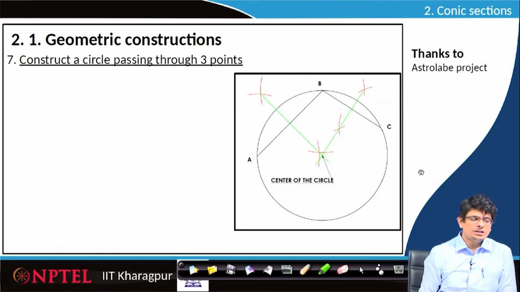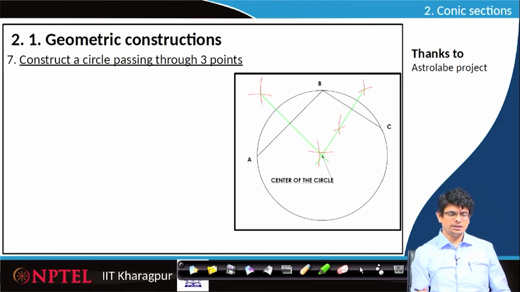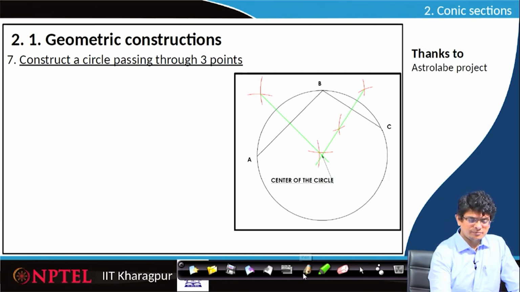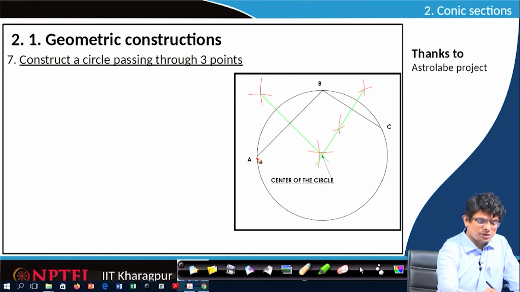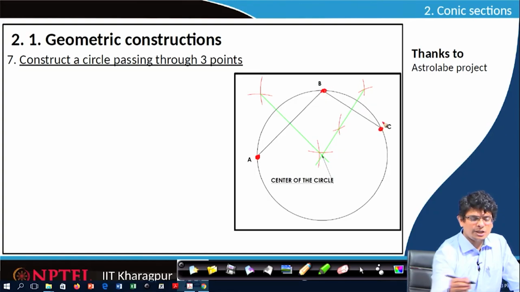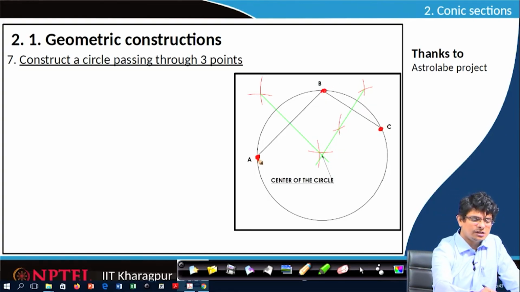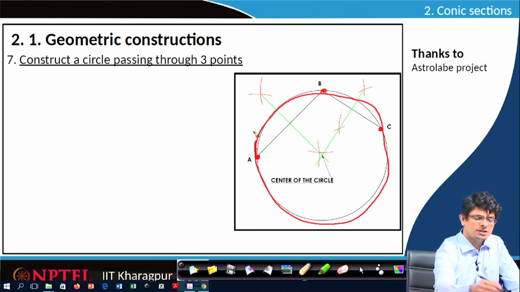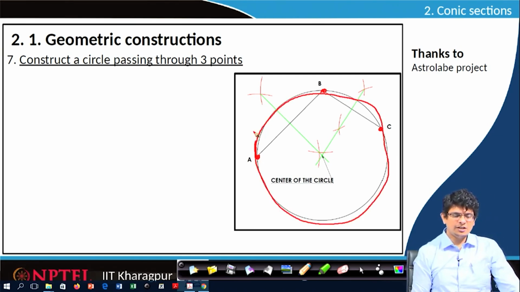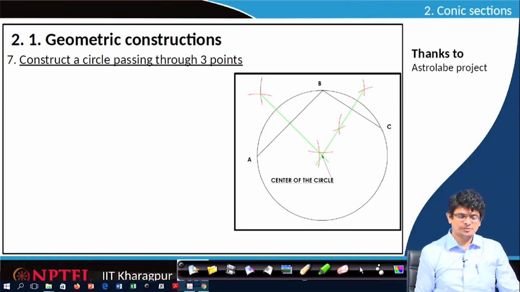Now, let us look at how to construct a circle passing through 3 points. For example, we have point A, point B, point C, but we do not know how to construct a circle which is passing through A, B, C. That is what we are going to learn now.